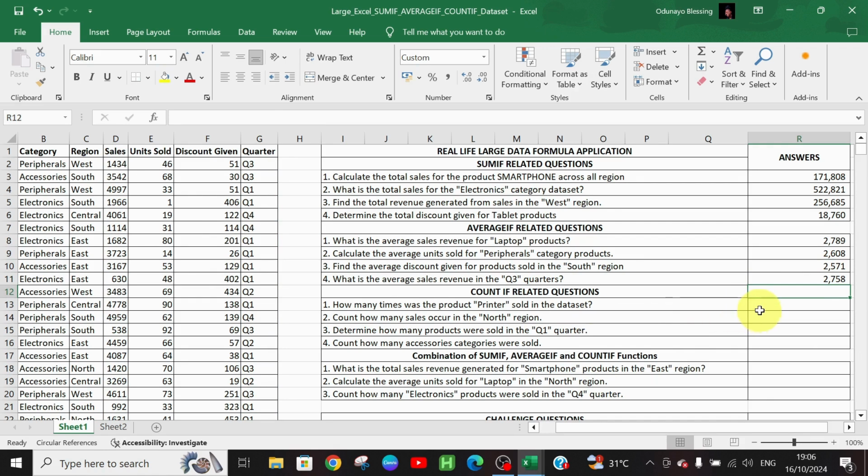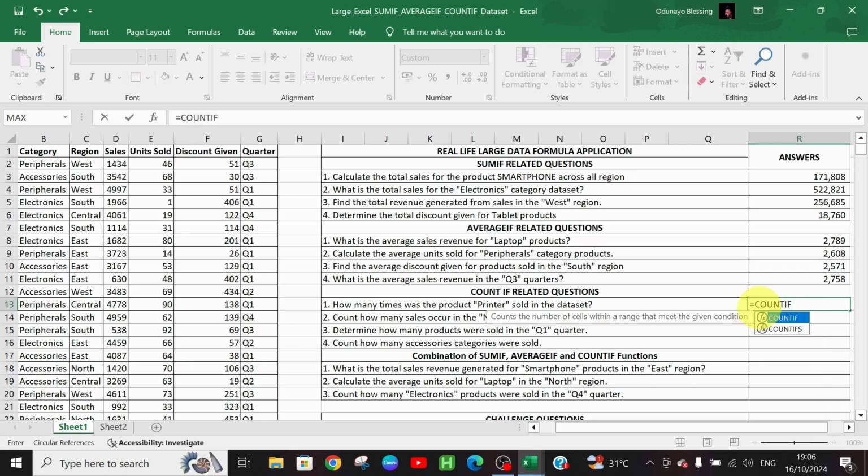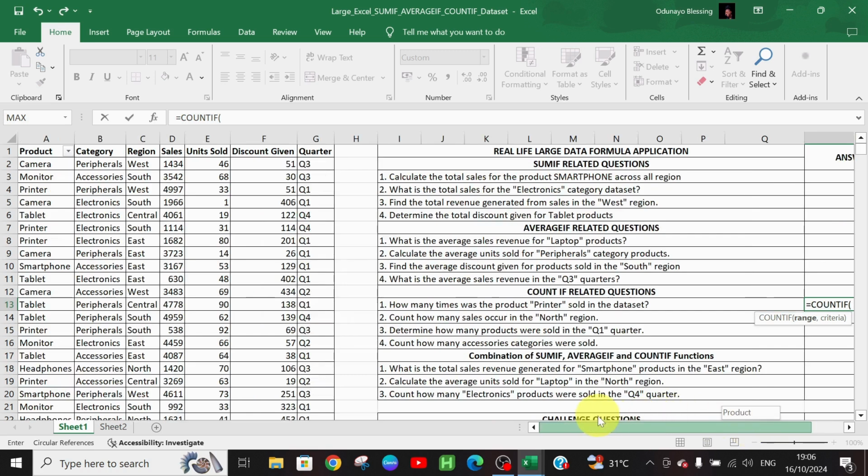answer. Now moving forward, how many times was the product printer sold in the data set? So we want to know the number of times the printer was sold at a glance. So this is going to be COUNTIF. Now the COUNTIF is going to need the range of the products. We already know it's going to be column A, under products, where we have the printer and all other things.